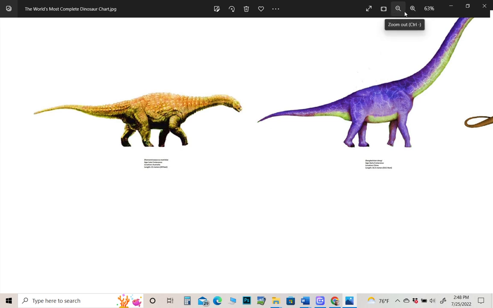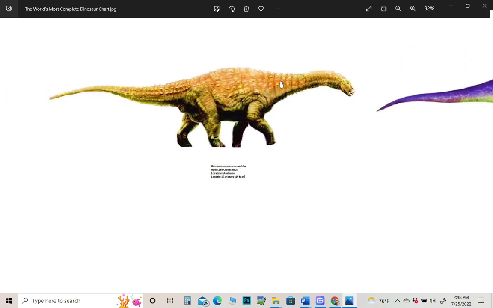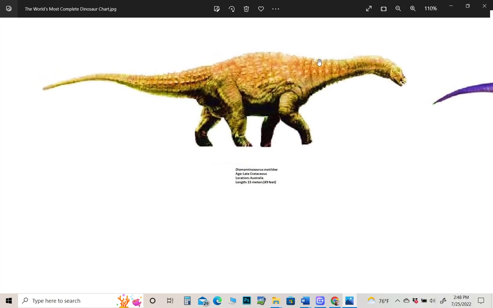That's the only exception to the rule of oogenera. It has to be based on actual hard remains, because you can't know if those footprints actually belong to something we already know. So it has to have hard skeletal remains to be on this chart.